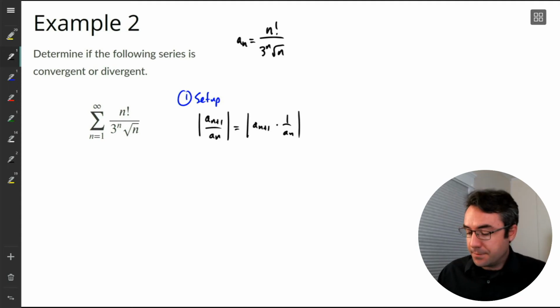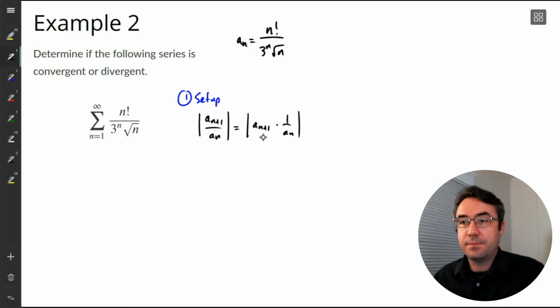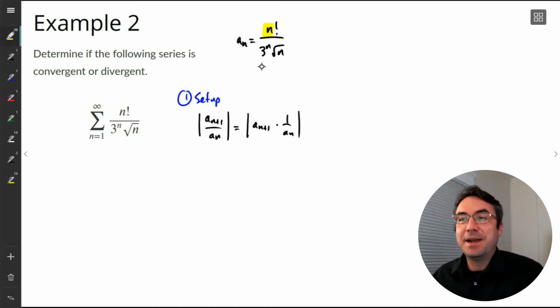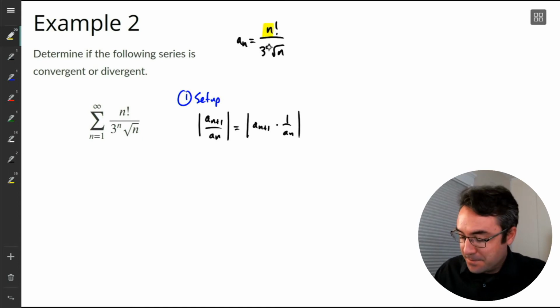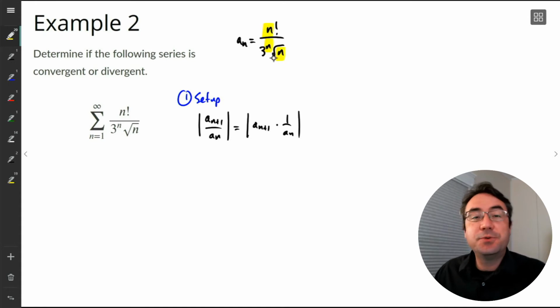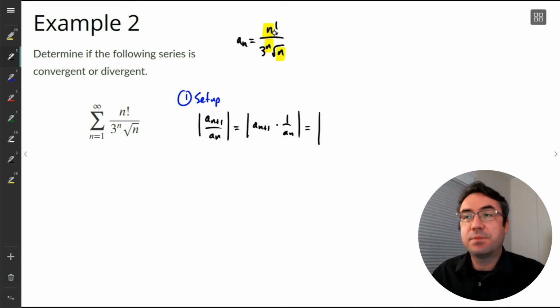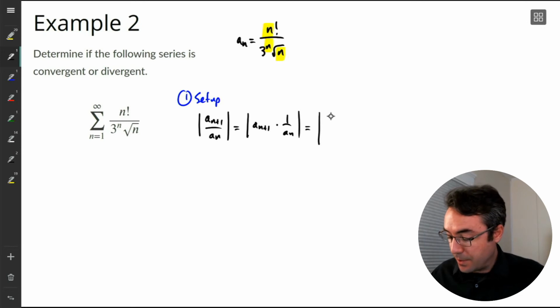Now we want a_n plus 1. So essentially wherever we see an n here, I wanted to highlight that, not cross it out. There we go. Wherever we see an n up here, we're going to change that to an n plus 1. So let's write out our a_n plus 1 term. We're going to have an n plus 1 factorial in the numerator.